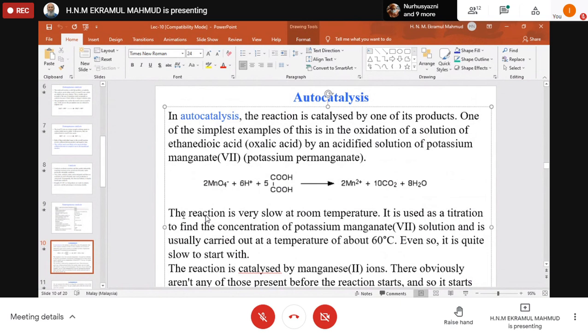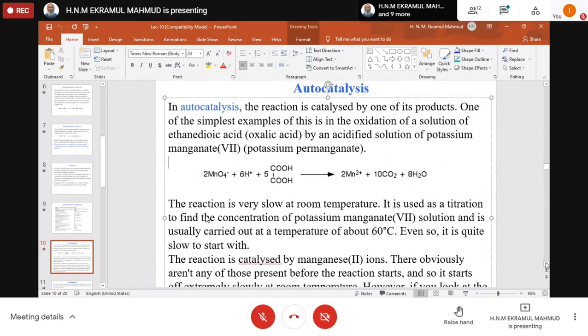The reaction is very slow at room temperature. It is used as a titration to find the concentration of potassium manganate solution and is usually carried out at a temperature of about 60 degrees centigrade. Even then, it is quite slow to start with. The reaction is catalyzed by manganese ion.